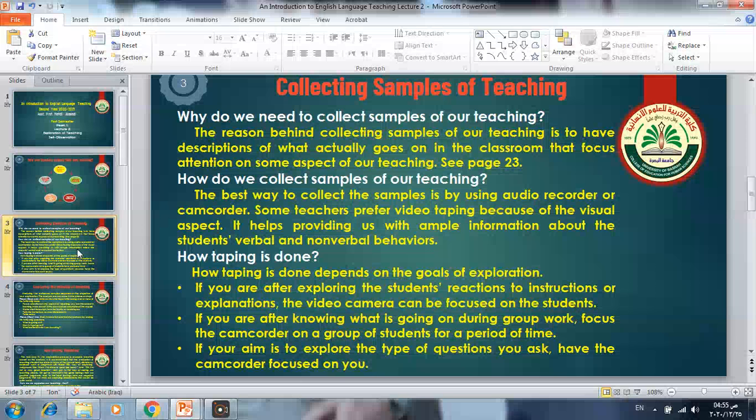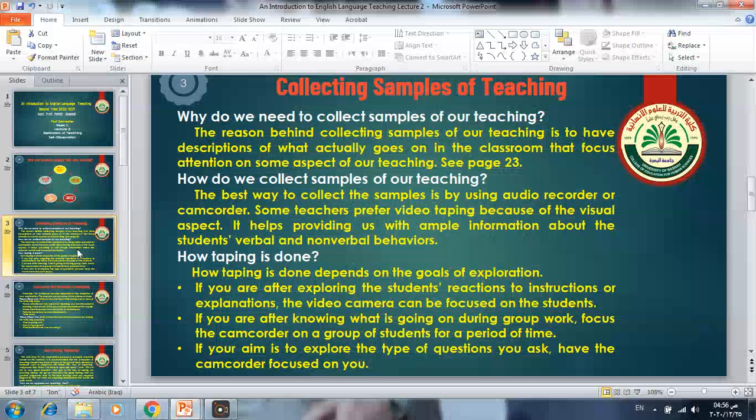So we really want to know what is going on inside our classroom, or if we want to have a vision about certain aspects of our teaching. So for this reason, we need to collect samples of our teaching.